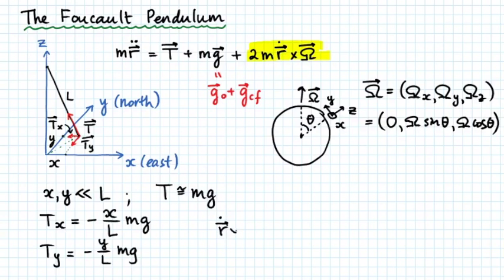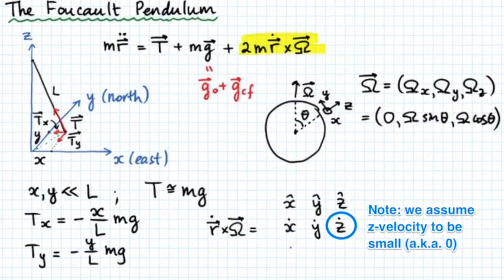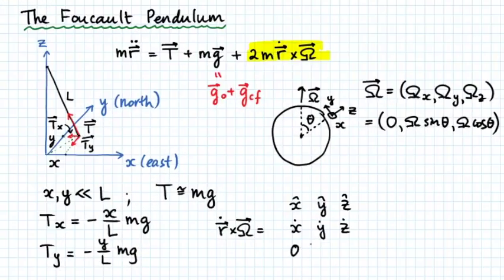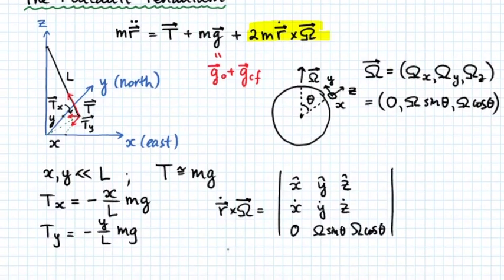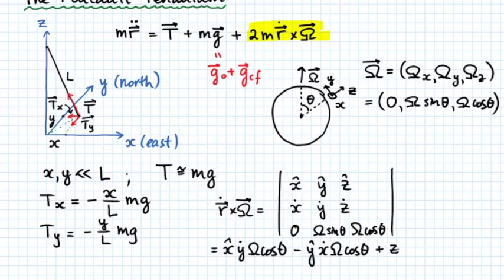We need the cross product of velocity cross omega, which is given by the determinant of x, y, z; x dot, y dot, z dot; and then components of omega are 0, omega sine theta, and omega cosine theta, which we will find to have component x, y dot omega cosine theta, minus component y, x dot omega cosine theta, plus z component x dot omega sine theta.